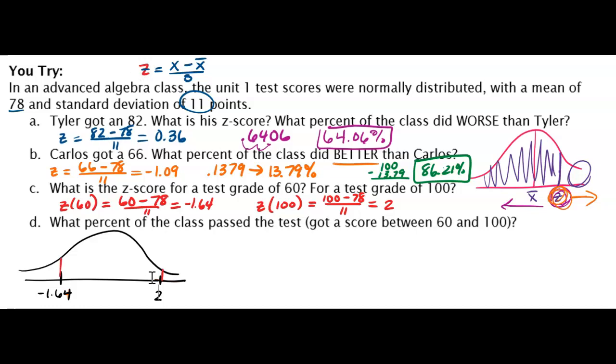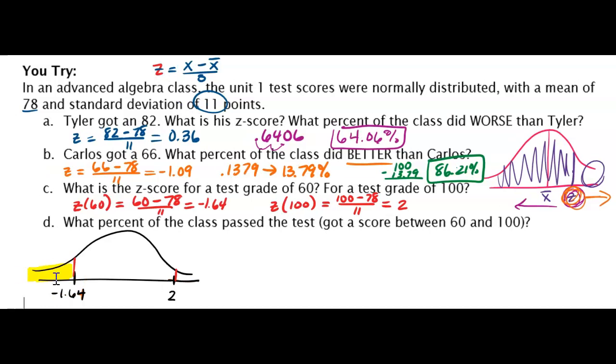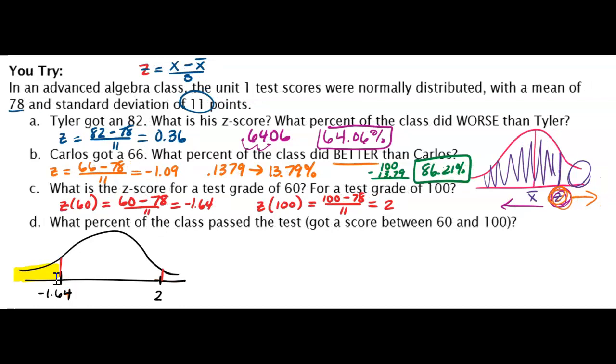And I'm looking to see what percentage is in between those two values. Remember that when you do a z-score, it tells you the percent below that value. So if I find the percentage that goes with negative 1.64, that's going to be this percent that I just highlighted in yellow. If I find the percentage for a z-score of 2, it's going to give me everything that is below 2. So you'll notice that this section right here got highlighted twice.